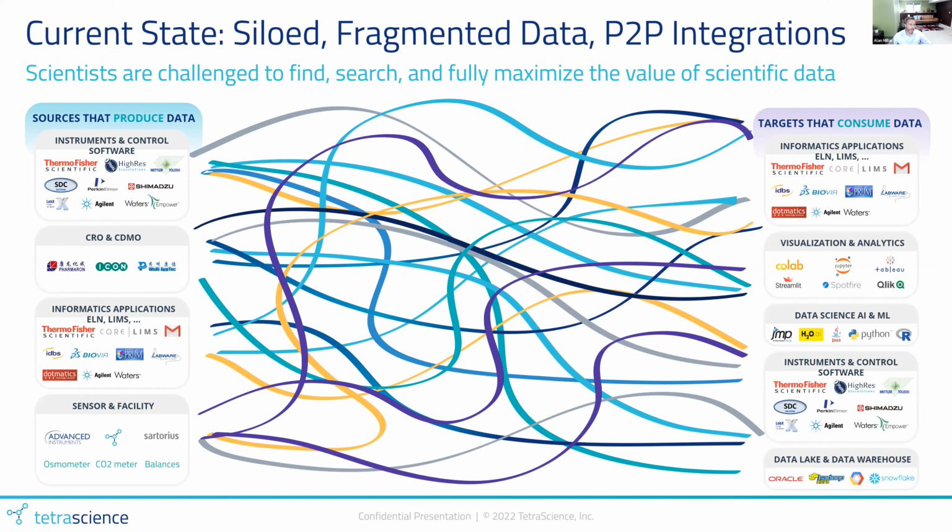And it's typically the case today that the connections or the integrations between them can be brittle and point-to-point, one-off, often custom-produced solutions, which don't have the flexibility to grow with the needs of the lab and often don't provide the workflow automation that's required to ultimately be able to fully maximize the value of that scientific data.